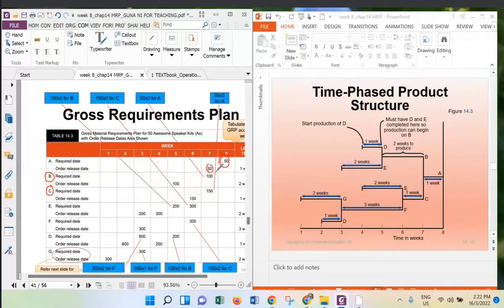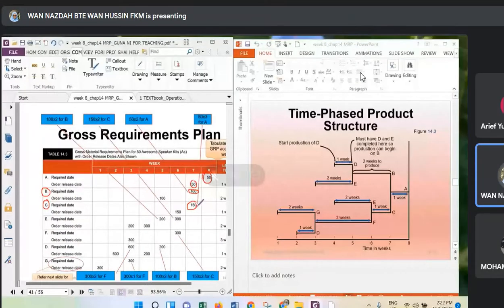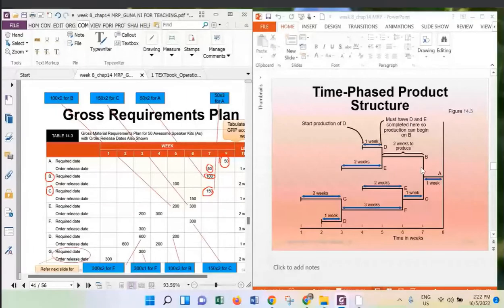And 50 of A requires 2 B and 3 C. So that is the reason why you need to have B equals to 100 and C equals to 150. Boleh faham? Dan kita tahu bahawa B takes 2 weeks and C takes 1 week to be completed.